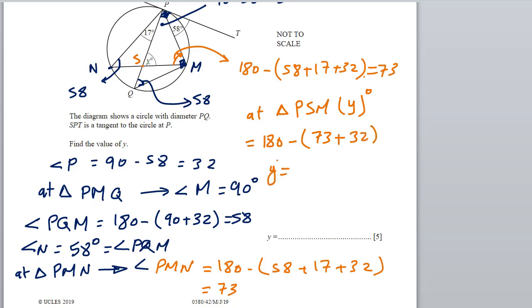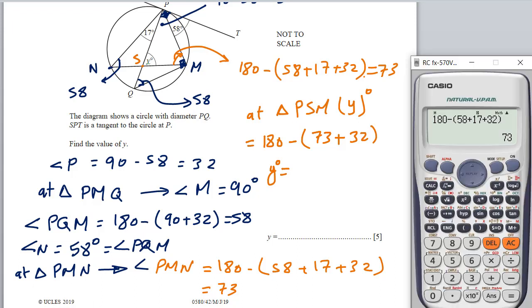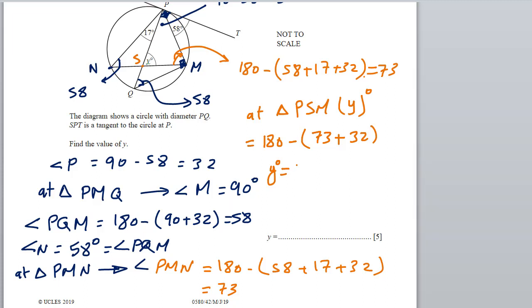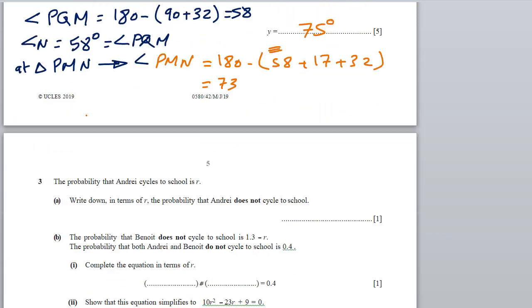So angle Y is equal to, let us add this angle now, 180 minus (73 plus 32). So angle Y is equal to 75. Okay, let us go ahead.